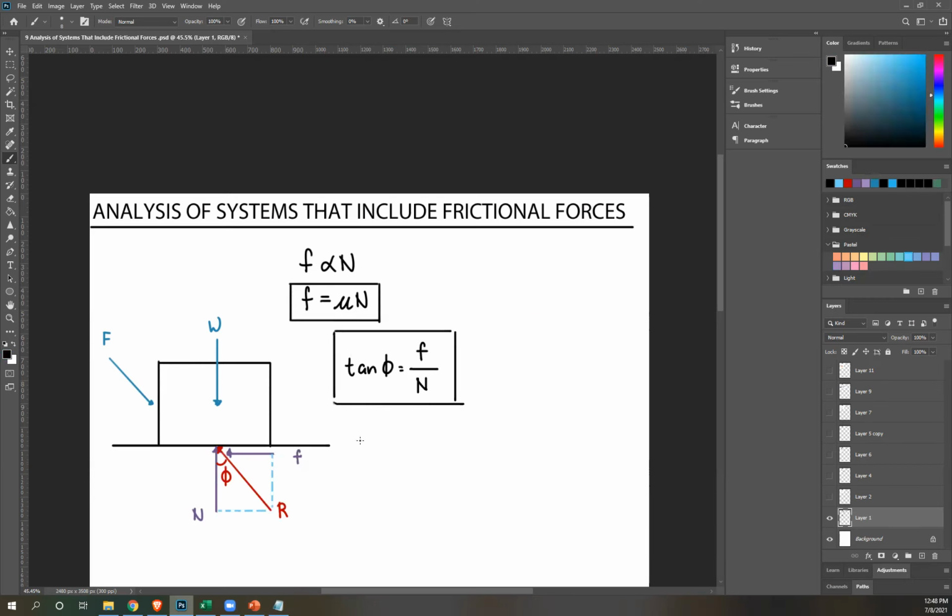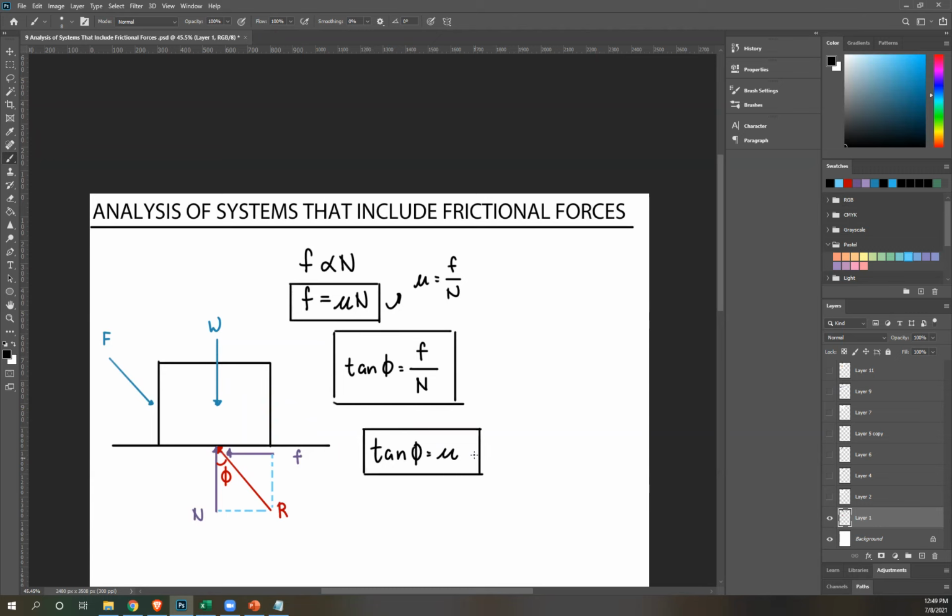Now tangent phi equals mu, because if we move this around, mu equals F over N. So sub that here. Tangent phi is also just equal to mu.